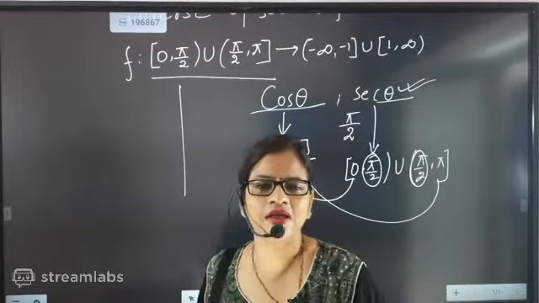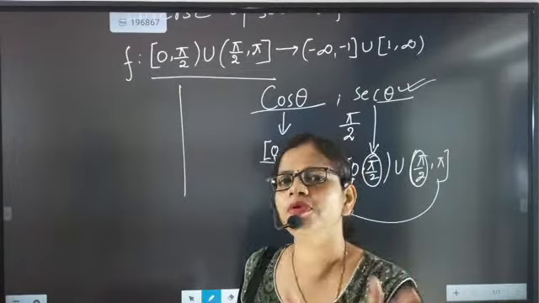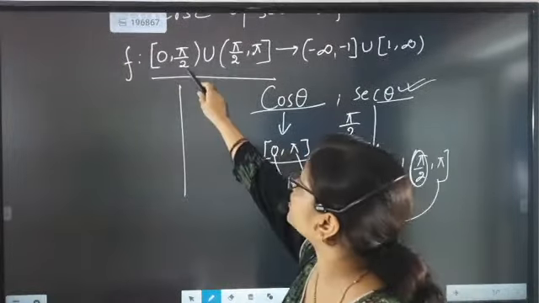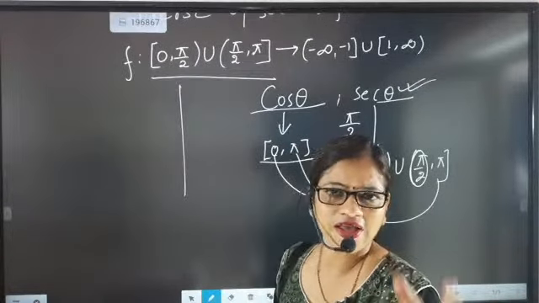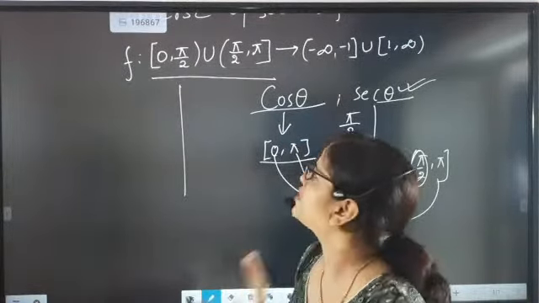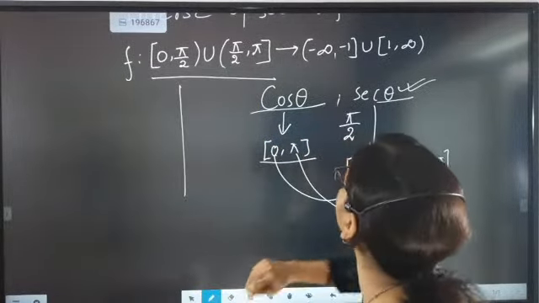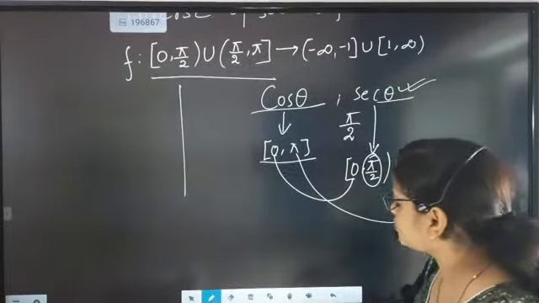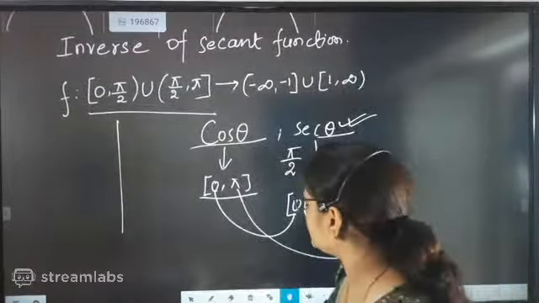The problem is pi by 2, because secant is not defined at pi by 2, as I showed you. So this part should be eliminated, and then this section should not come into account.